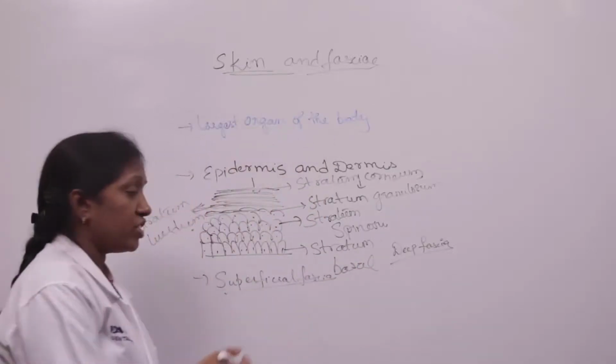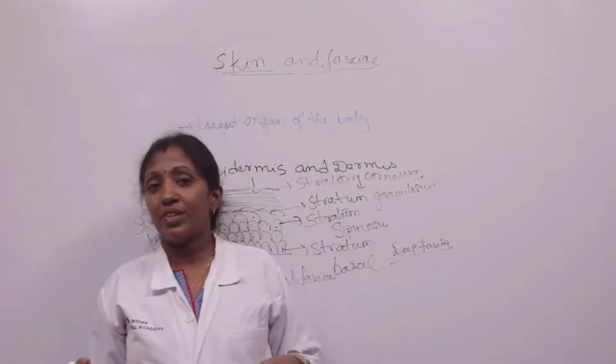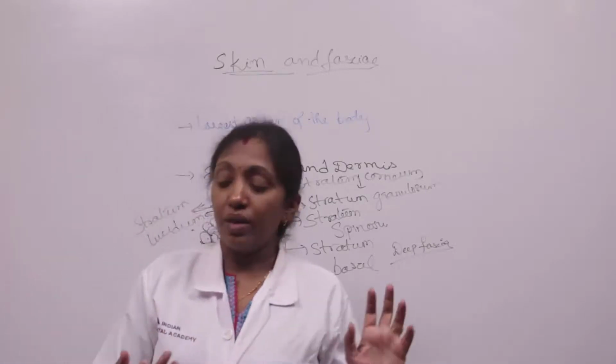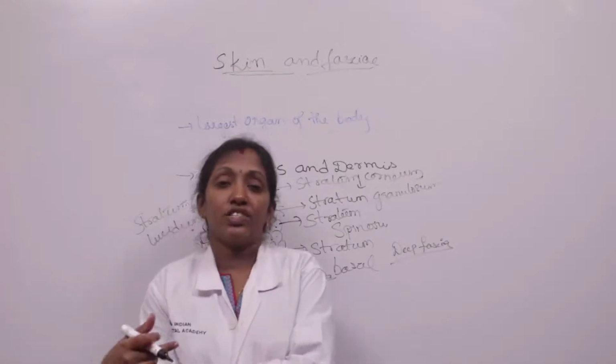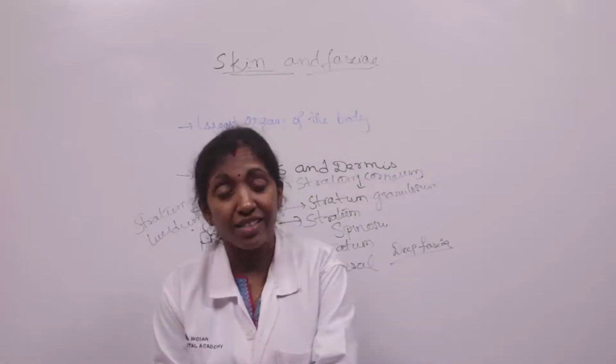So: skin, superficial fascia and deep fascia. Coming to the functions of the skin. What are the functions of the skin? Skin is the largest organ of the body. It protects the body from various bacterial infections and the ultraviolet rays of the sun.